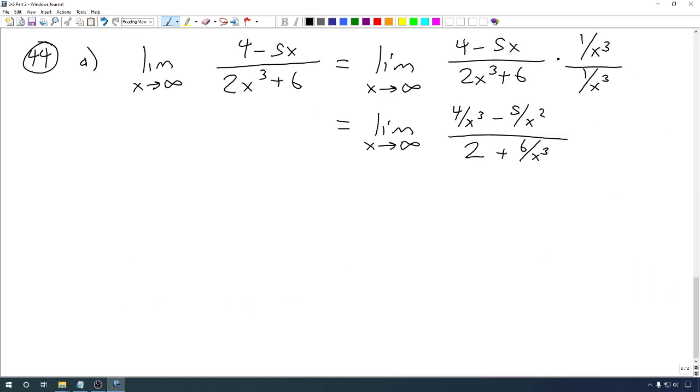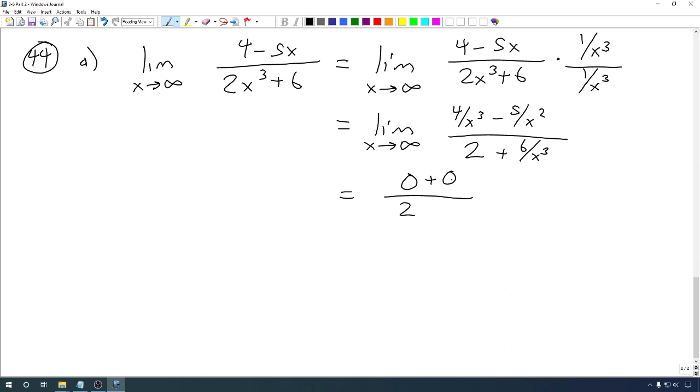4 times x, we should say this 4 over x cubed, but it's 4 times x to the negative 3. That term, as x goes to infinity, is going to 0. So we get a 0 for that term. This term is also going to 0. The 2, well, 2 is just going to 2. Technically, this is 2 times x to the 0th power, if you really want to put it that way.